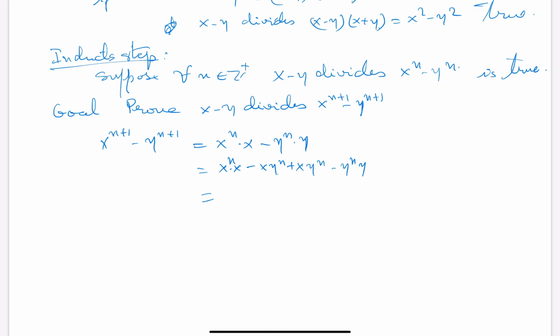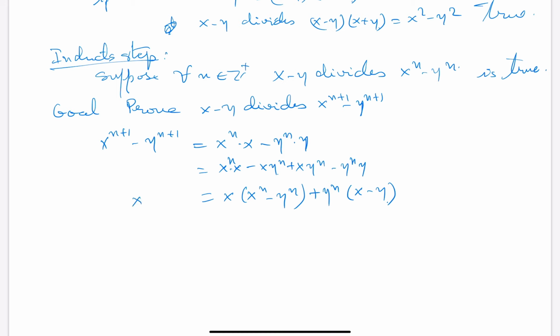If I factorize this one by x, I will have x times x to the n minus y to the n. Plus, if I factorize that expression by y to the n, I will have x minus y. Okay?